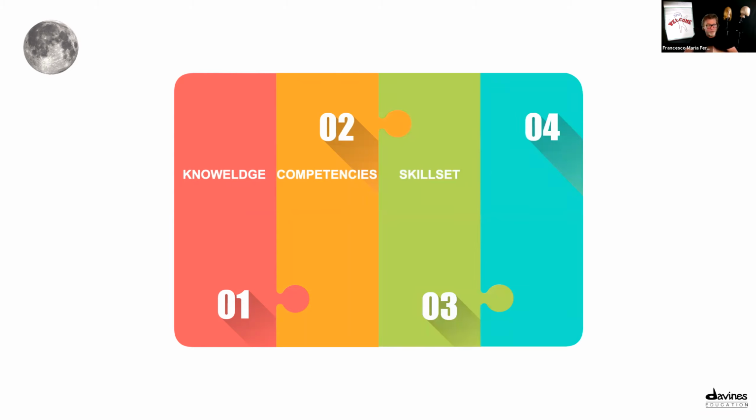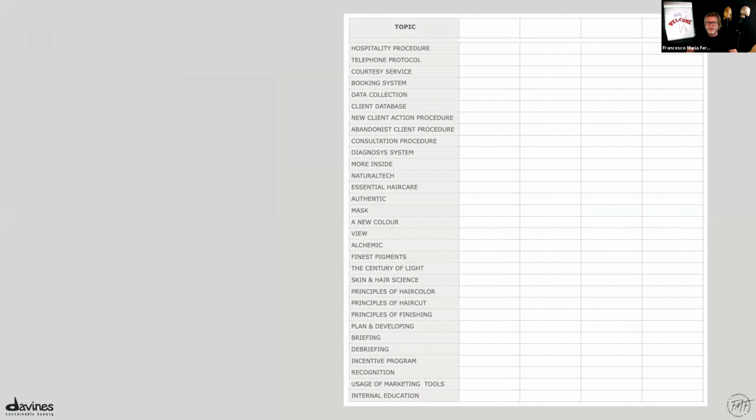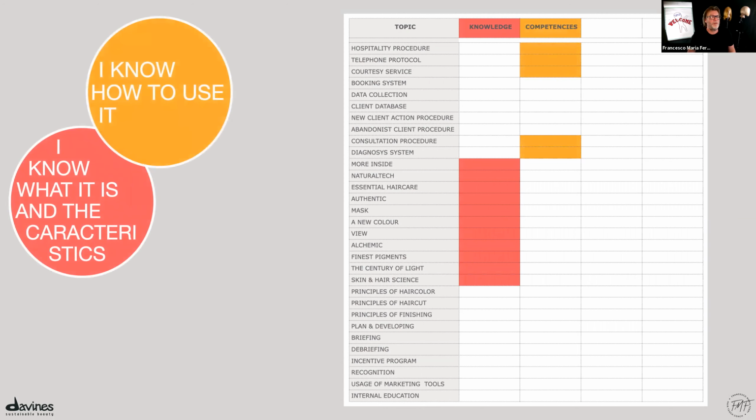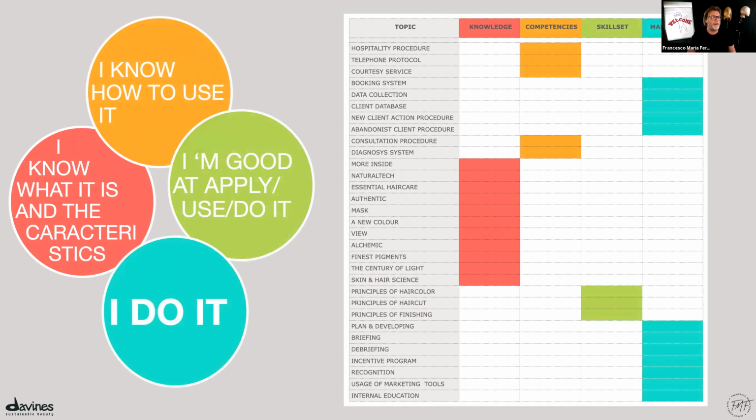These are the four macro areas that we can use for creating an evaluation form or assessment form, right? Now, this was an example that we shared regarding what are the potential points to be observed, like, for example, knowledge, competencies, skill set, and management.